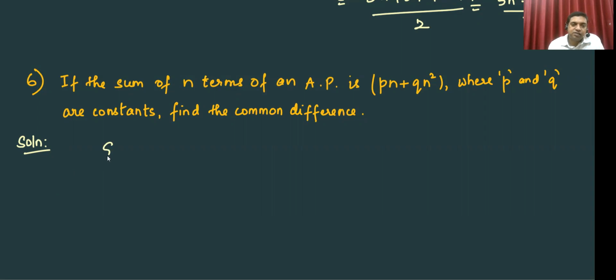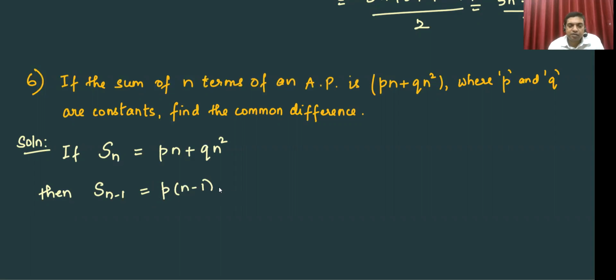See this. Sum to n terms is given as Pn plus Qn square. What I'll do, I'll find the sum to n minus 1 terms. I will replace n by n minus 1.